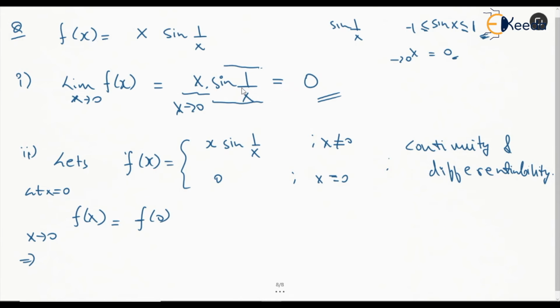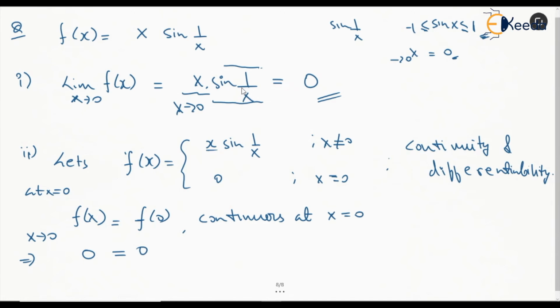So in the previous part we have seen the limit is 0 and the function value at 0 will also be 0 because sine of something is not defined, but it is going to be finite, which is multiplied with 0, that is x. So this will become 0. So this is continuous at x equal to 0.